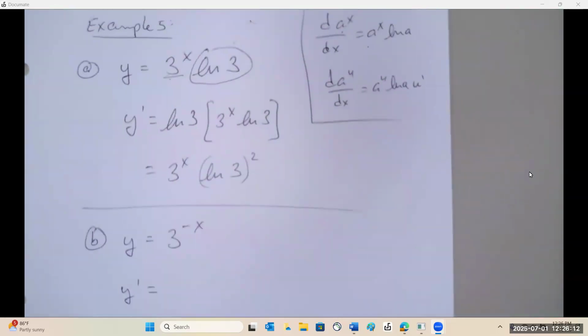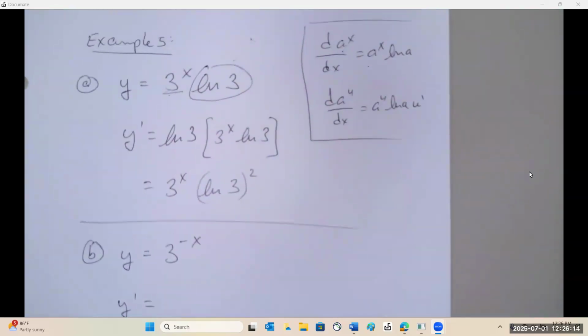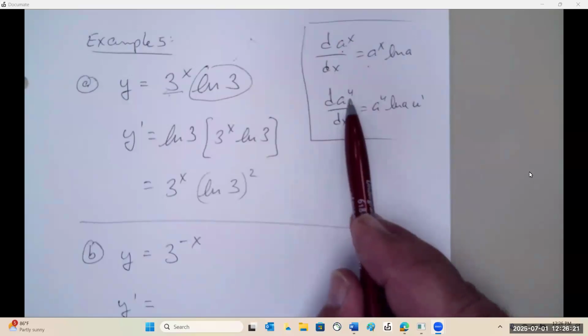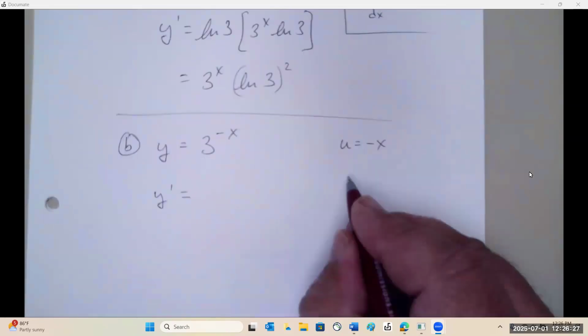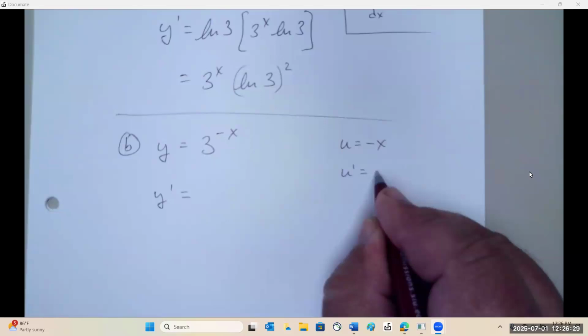Which formula are we going to use? We could look at the second one. Our u is negative x, and the derivative of u is negative 1.